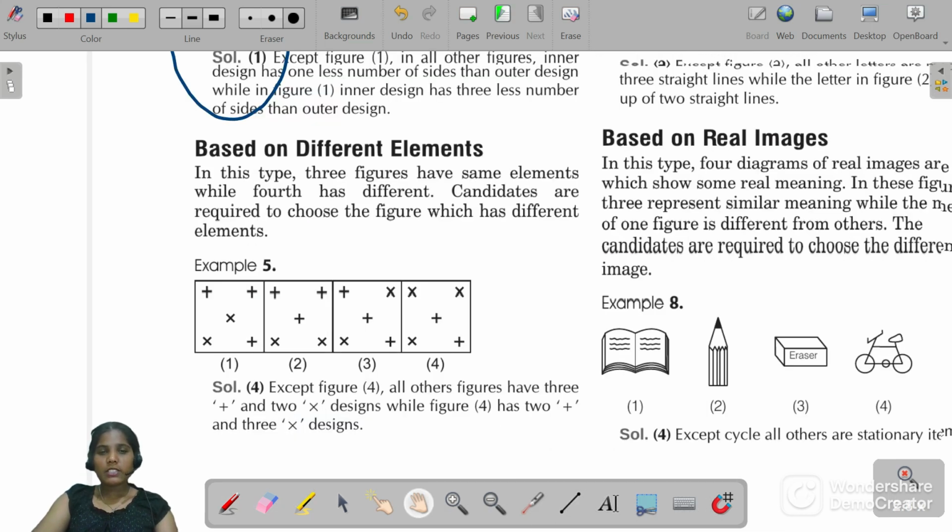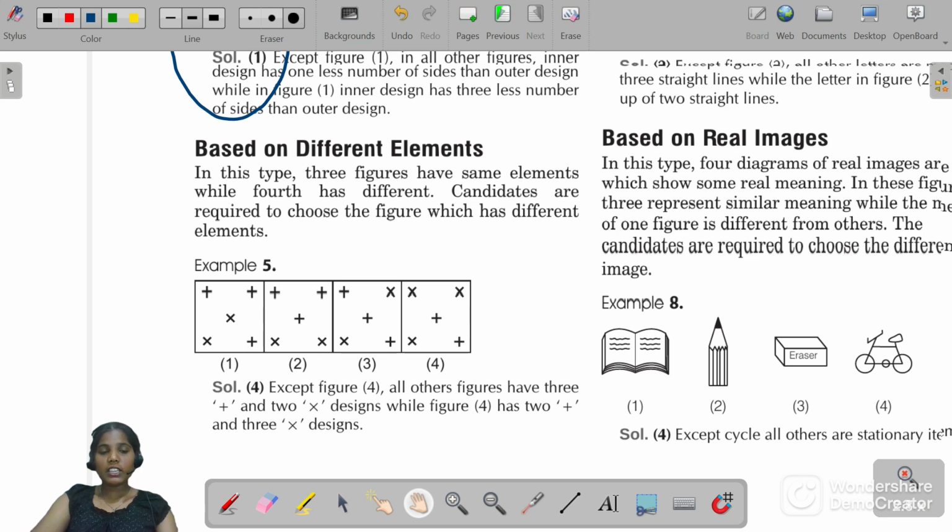So we can go with this option as the odd option. Next one is based on different elements. We can see in example 5, there are 4 options. In the first option, there are 3 addition symbols and 2 multiplication symbols. Likewise, in the second option, there are 3 addition symbols and 2 multiplication symbols. In option 3, again the same thing, whereas in the fourth figure, there are 3 multiplication symbols and 2 addition symbols.